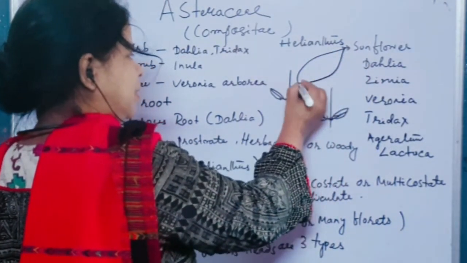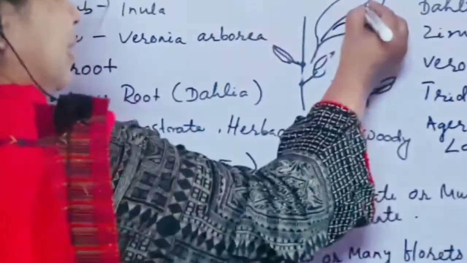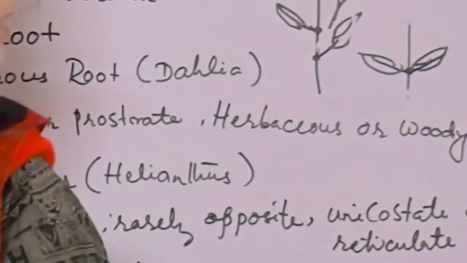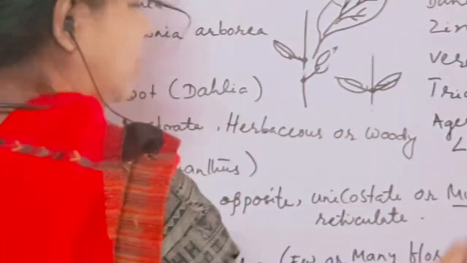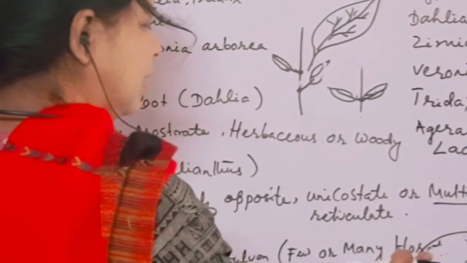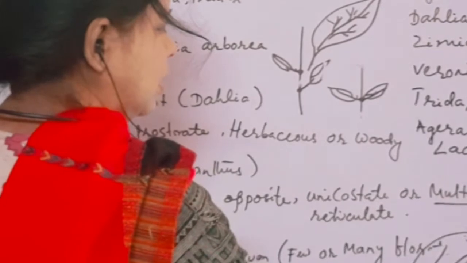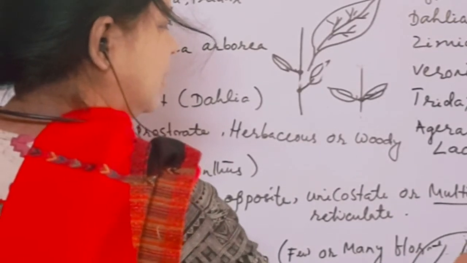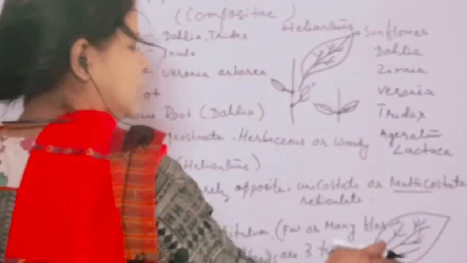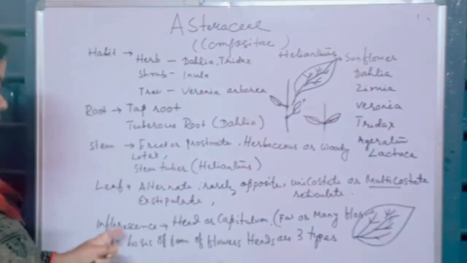If the leaf has a single midvein and net-like venation, then it is called unicostate reticulate. Multicostate reticulate means more than one midvein. If this is the leaf and the midveins are more than two, and again the venation is reticulate or net-like venation, this is called multicostate reticulate.